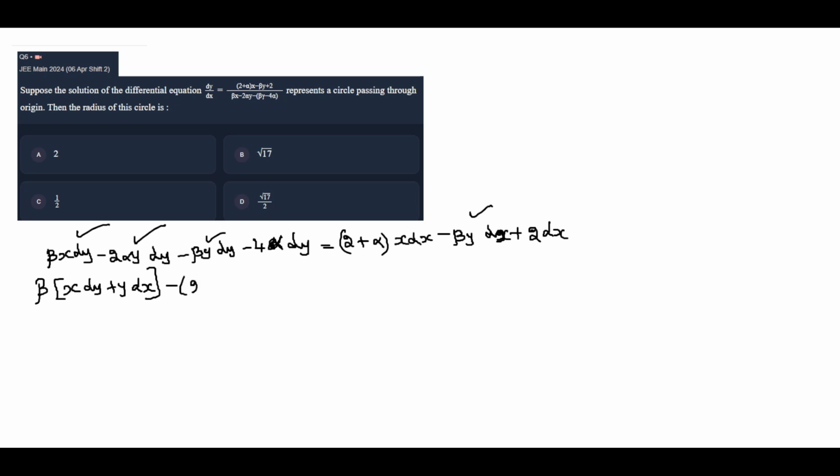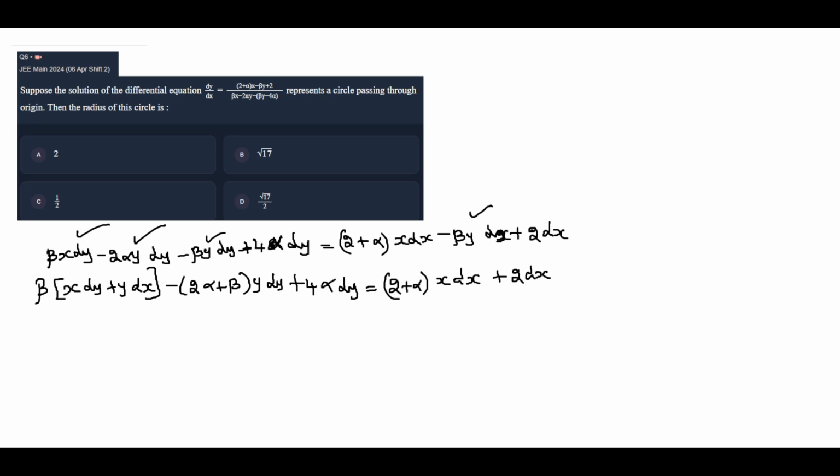So minus 2 alpha plus beta into y dy, so it will be plus 4 alpha dy, which is equal to 2 plus alpha into x dx plus 2 dx.